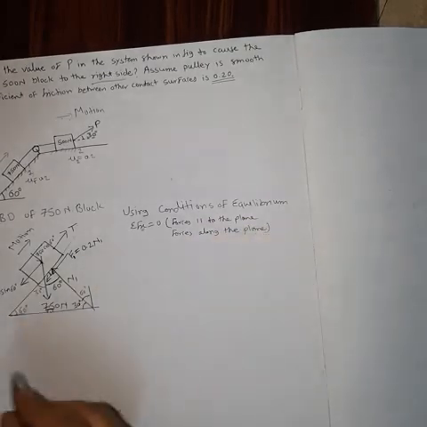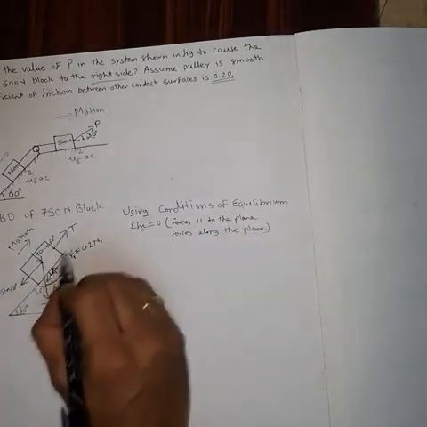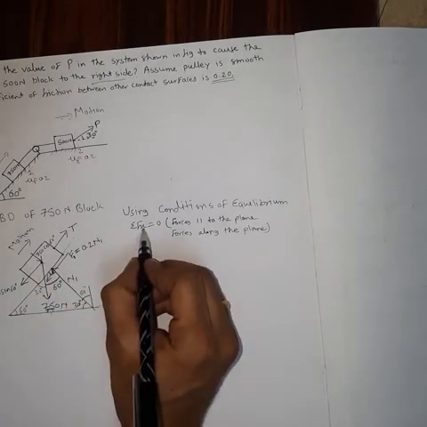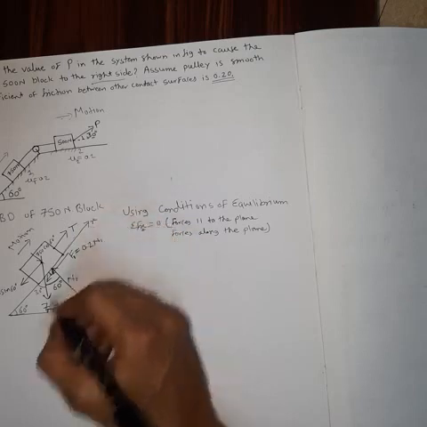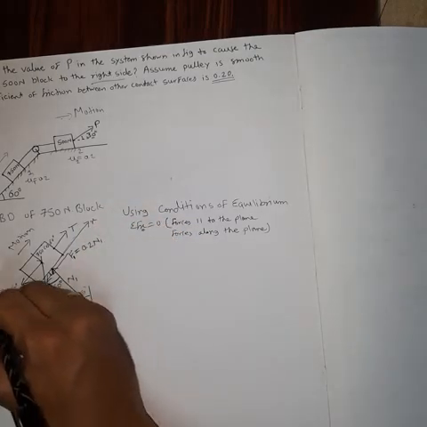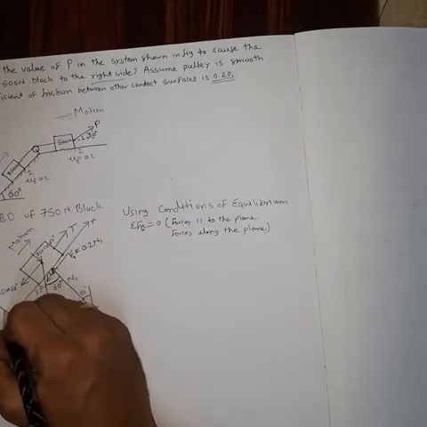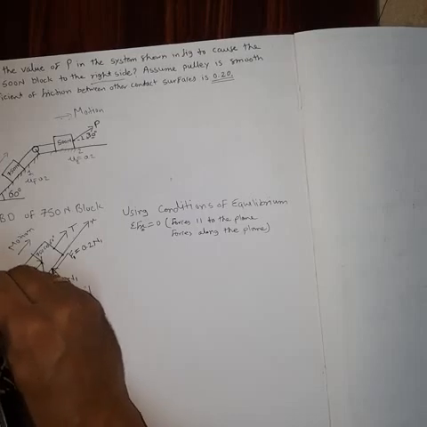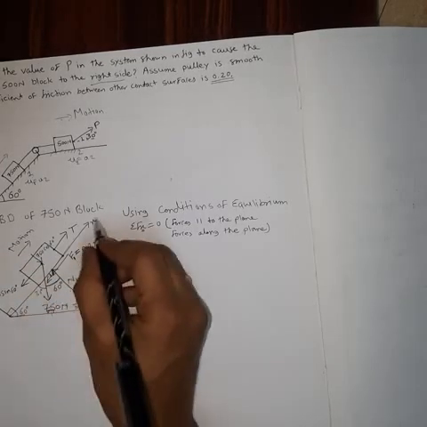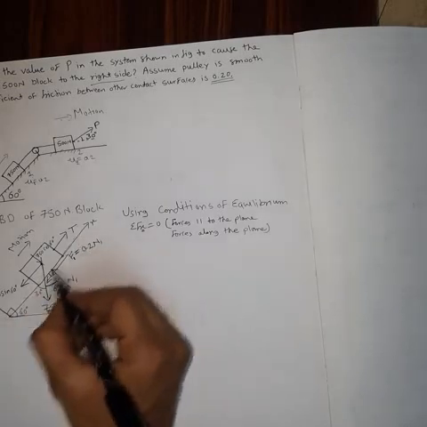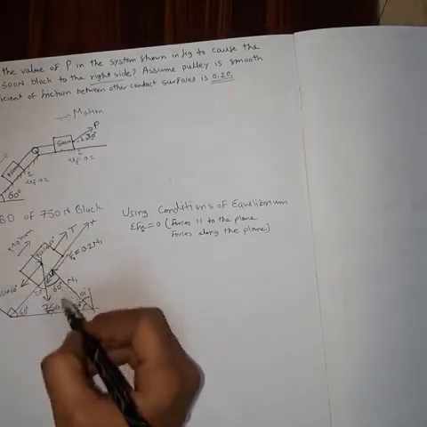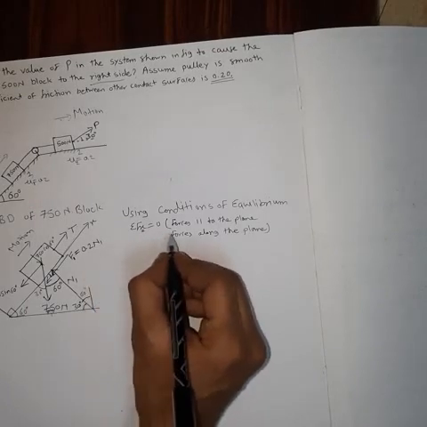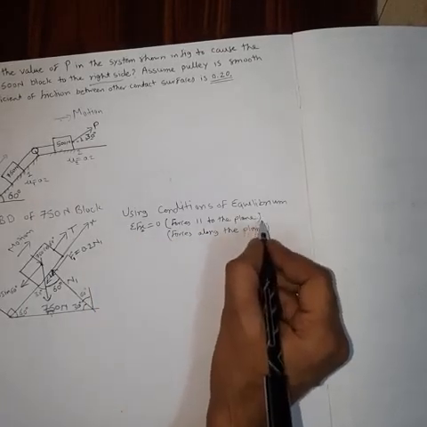So whatever forces are parallel to this plane or along the plane, that will be the x direction. So simply I can show it here. This will be the x direction and the y direction will be forces perpendicular to the plane. So x will be forces along the plane or parallel to the plane, and y will be forces perpendicular to the plane. Okay, so therefore summation Fx is equal to 0.